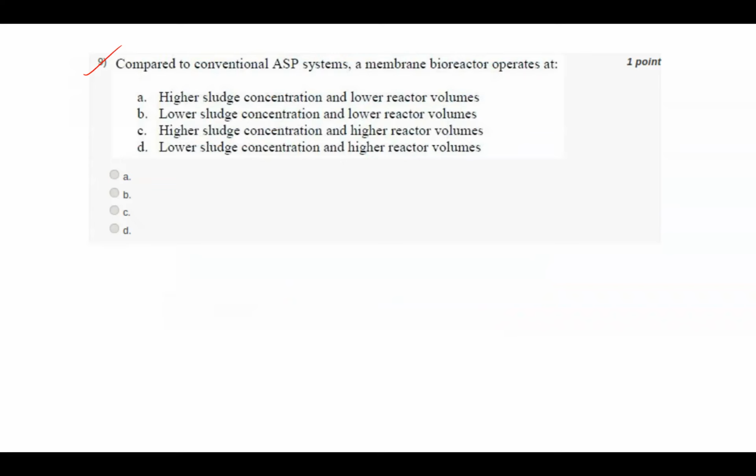So here, compared to conventional activated sludge process systems, a membrane bioreactor operates at. Four options are given: higher sludge concentration and lower reactor volume. So you can read, compared to the conventional activated sludge process, what is the MBR, the membrane bioreactor, working on the basis of the sludge concentration?